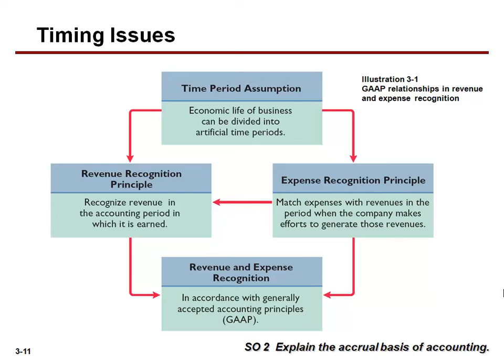So the time period assumption is primarily concerned about getting revenues and expenses properly matched in the right accounting period. We desire to recognize revenue in the period in which it is earned, not later if cash is expected to be paid later on that sale, and likewise expenses are matched with revenues in the period in which the company makes efforts to generate those sales revenues.